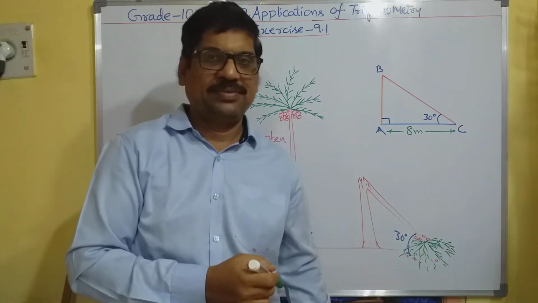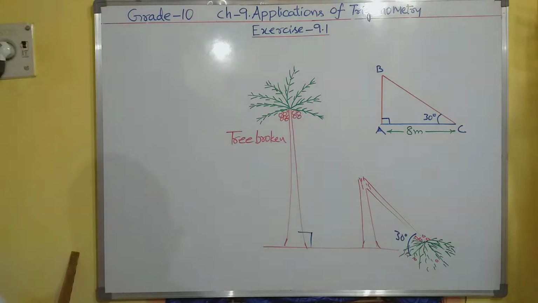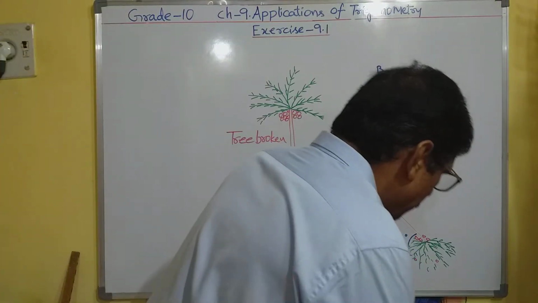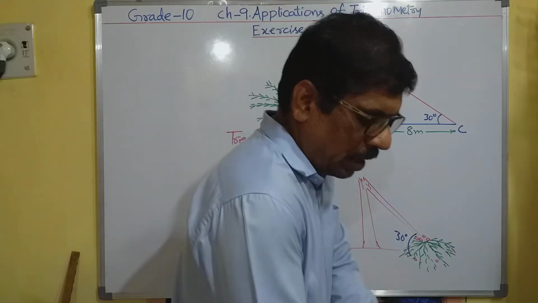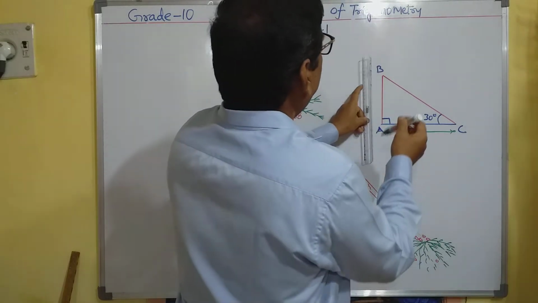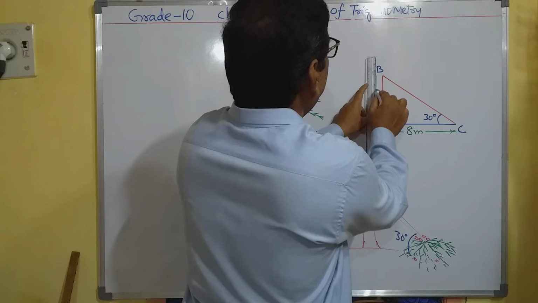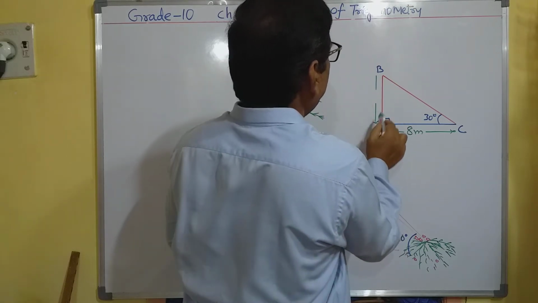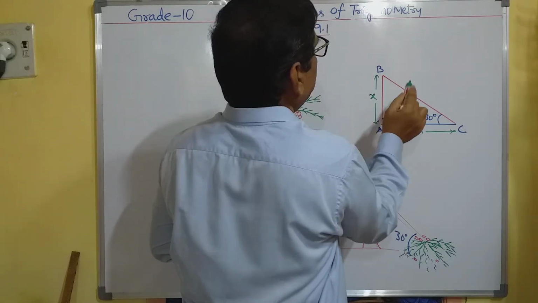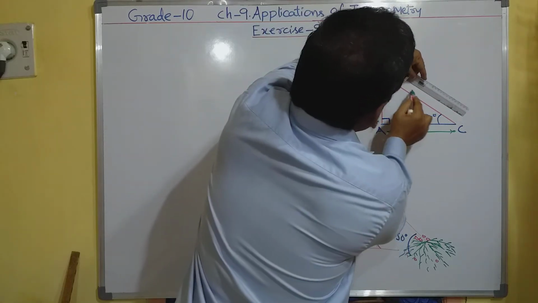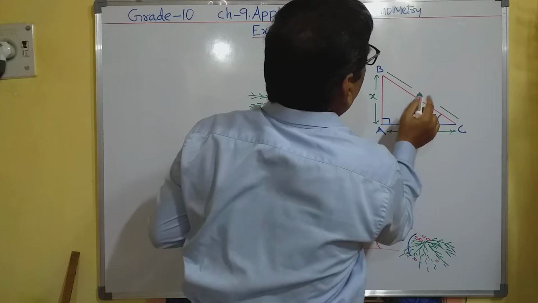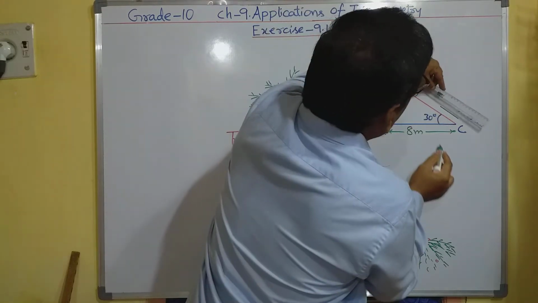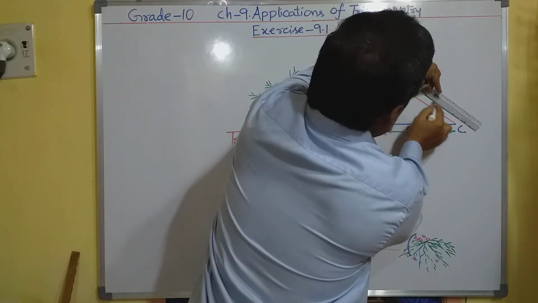How do you find it? Okay, see. Now let the unbroken part of the tree, the part which stands vertically, be x meters, and the broken part be y.